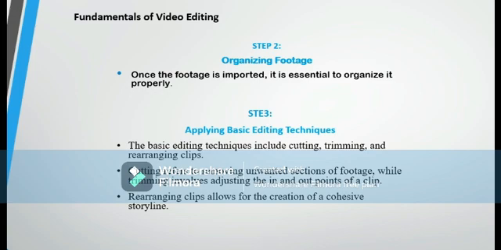Because if you don't make them overlap better, then there will be a lacuna during the presentation. And when you are able to do that very well, then your video will be cohesive. So your storyline will be properly presented, and that is why it is very important that you know how to do these basic things, cutting and trimming, because that will give your video a top-notch experience.